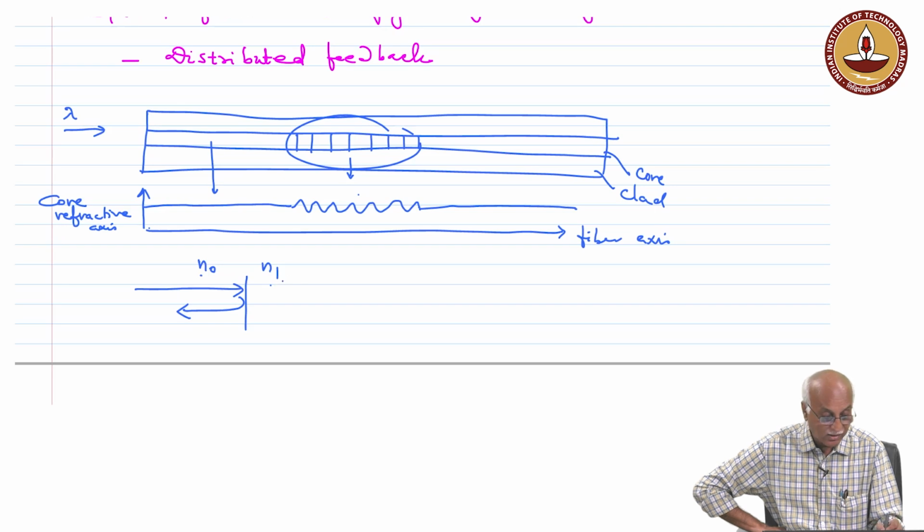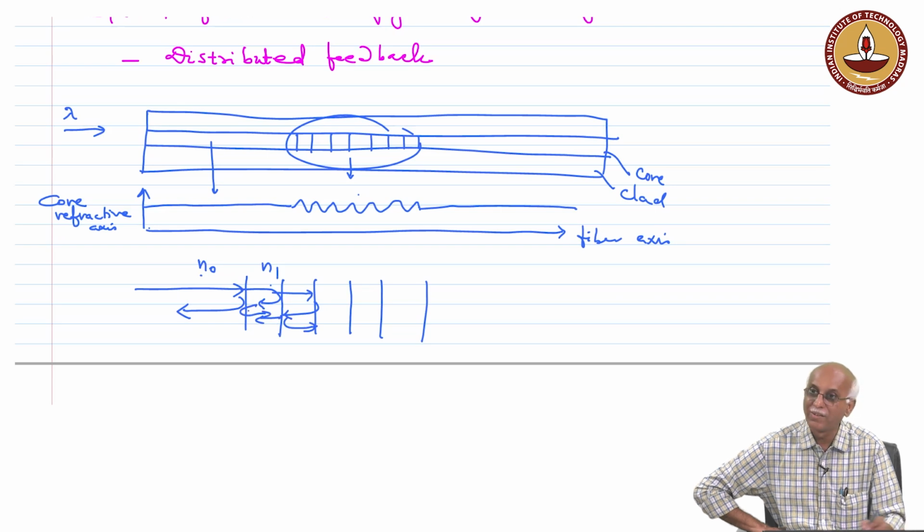Now, if there are multiple such changes occurring, what do you expect? Some part of the light will get transmitted, some will get reflected, some part will again be transmitted, some reflected again. It is a very complex phenomenon.